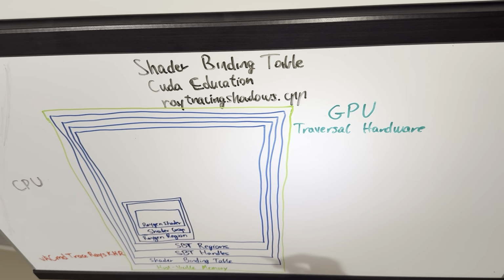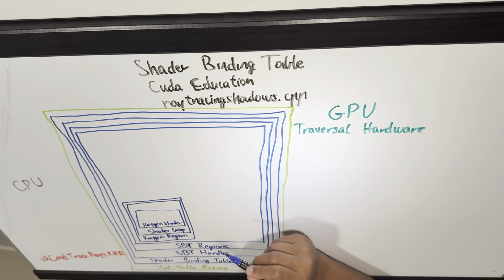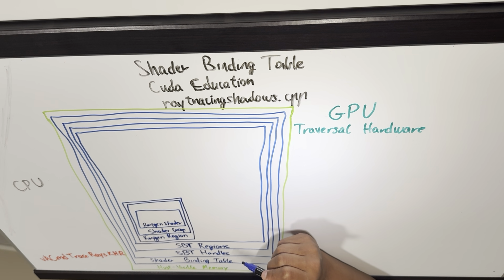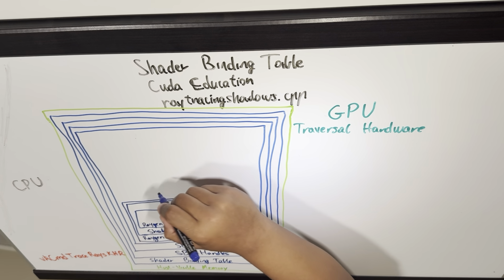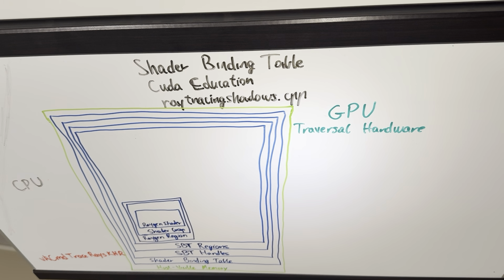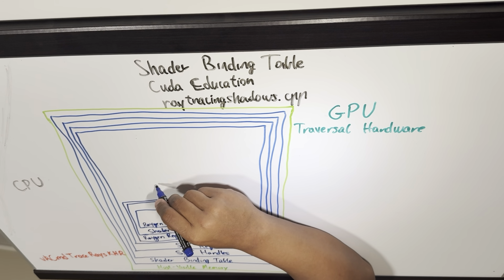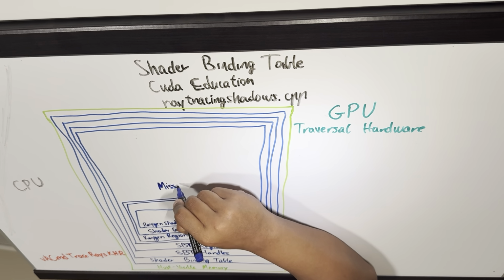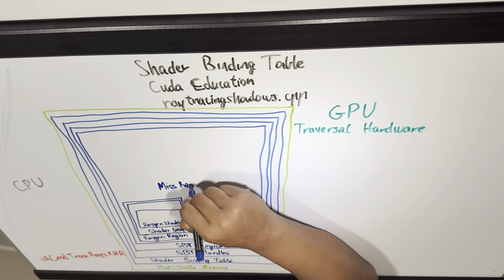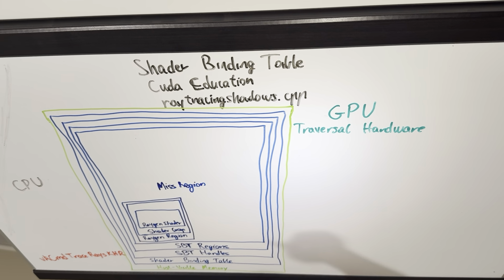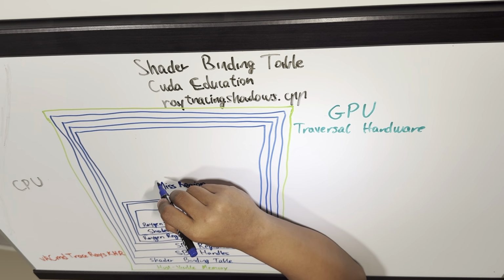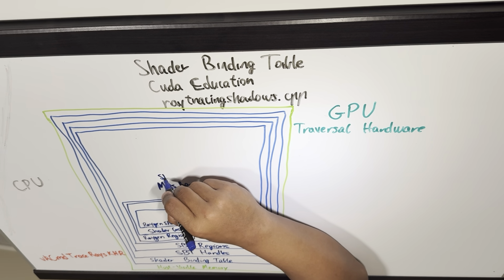We have, maybe I'll do it up here, we have a miss region. We have a shader group.